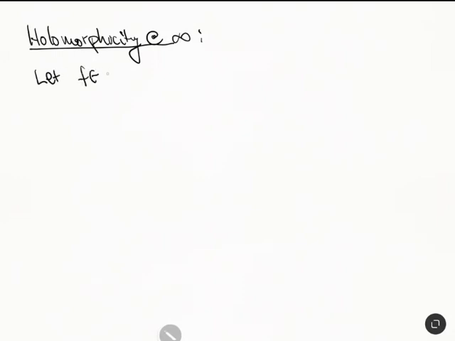Okay, so now that we've defined projective space, we can take a meromorphic function, and we can ask the following question.